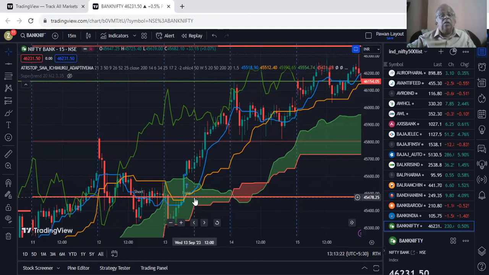In case of a Tenkan-sen-Kijun-sen positive crossover in the cloud, one should wait for Tenkan-sen to cross above the cloud. Then only enter into the trade.